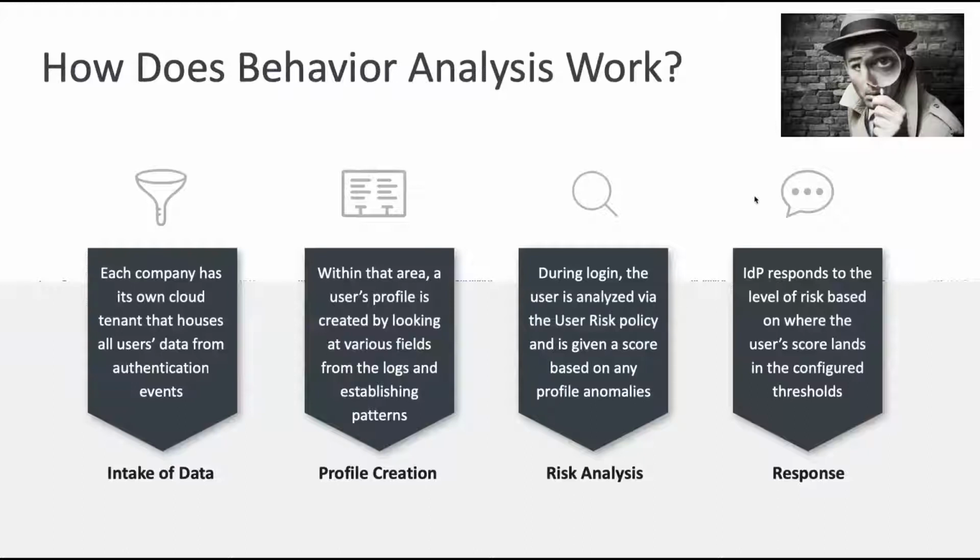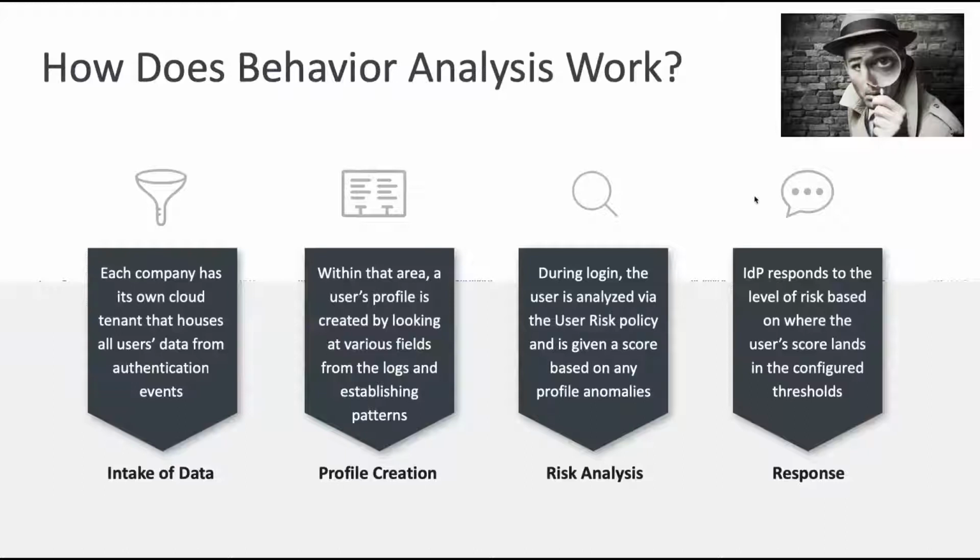So during login, the user is analyzed via the user risk policy and is given a score based on any profile anomalies. So in simple terms, we compare present authentication behavior to past normal behavior from the profile and see what differs. How much it differs is reflected in the score. So you, the buyer, get to set the score sensitivity.